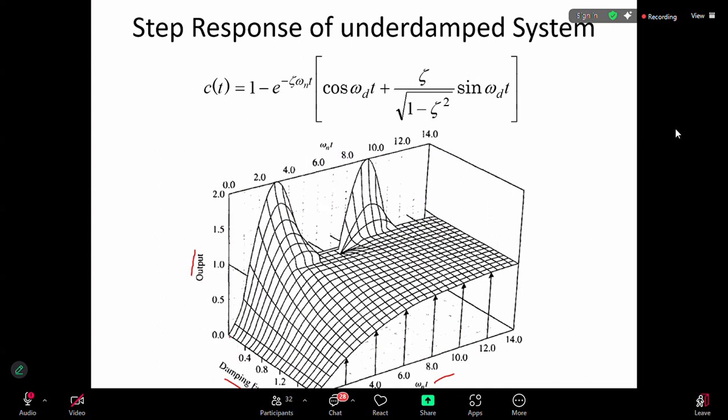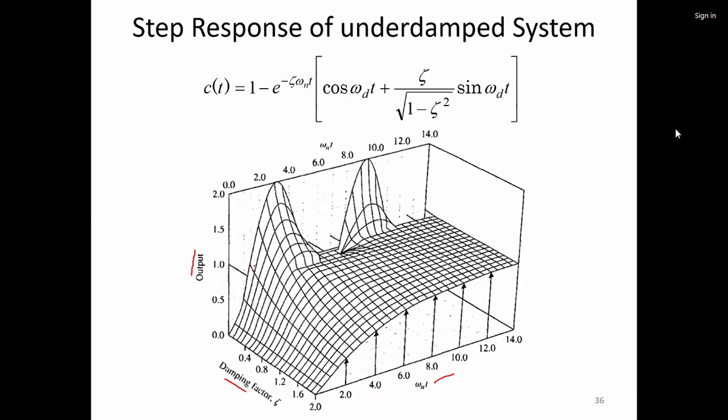When the damping is 0, you can see that this output is basically oscillating about 1. It may never reach the stable steady state value. Okay. And as you provide more and more damping, you can see that the peak overshoot is reducing, and slowly the next overshoot is reducing. That means slowly it will settle down and merge with the input.